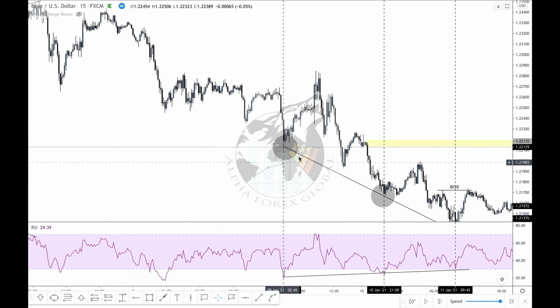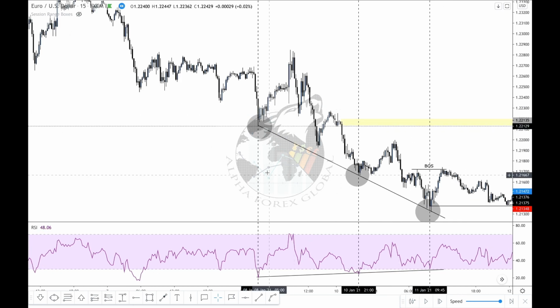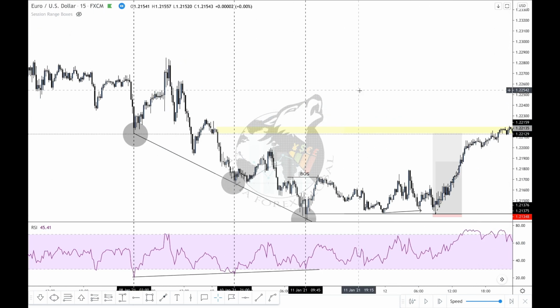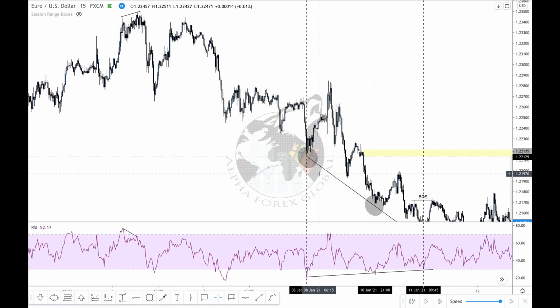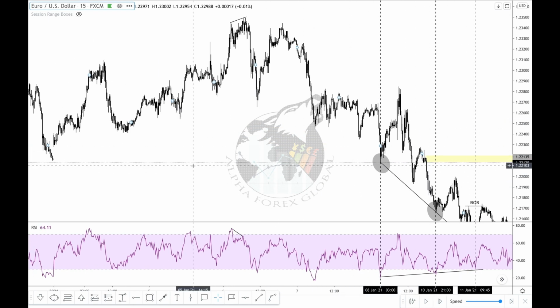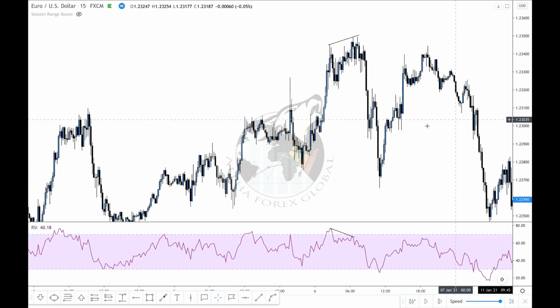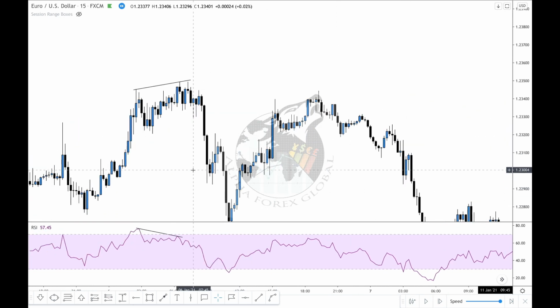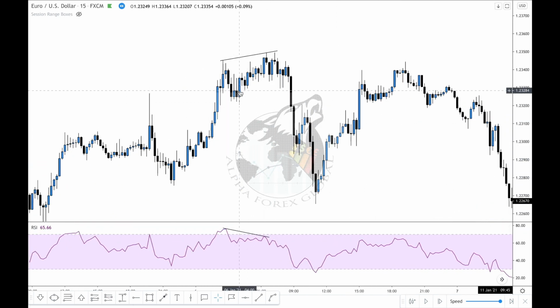So possibly persons are going to start to sell, and in doing that, the market is going to push to the upside, right? Because we're oversold right here. Same thing here. The market is basically oversold. Divergence is created because the RSI is creating lower highs, and the market is creating higher highs.